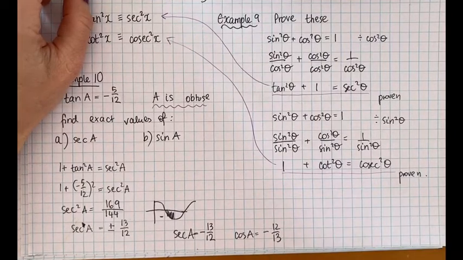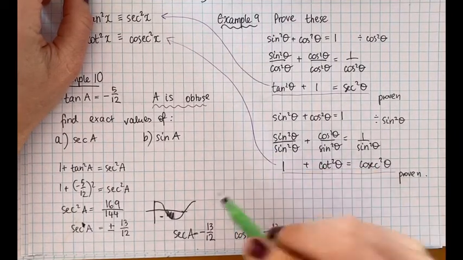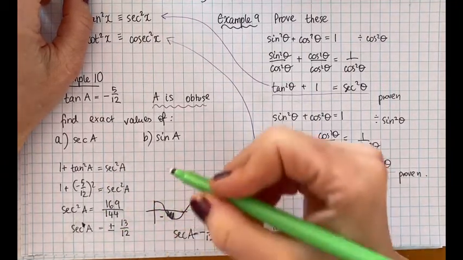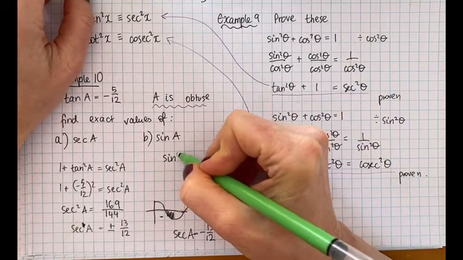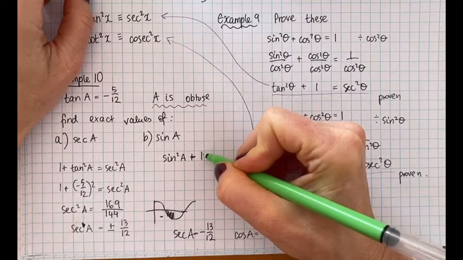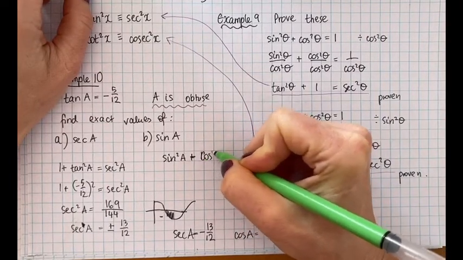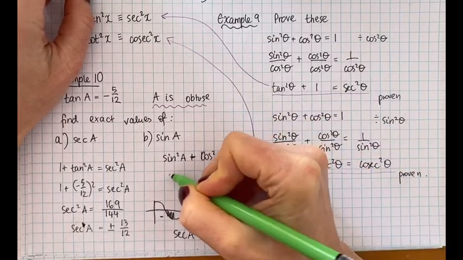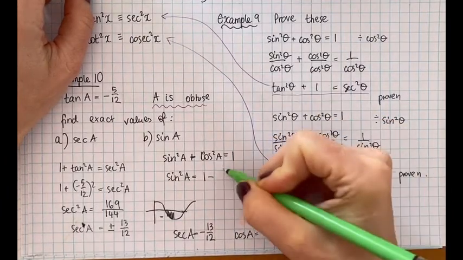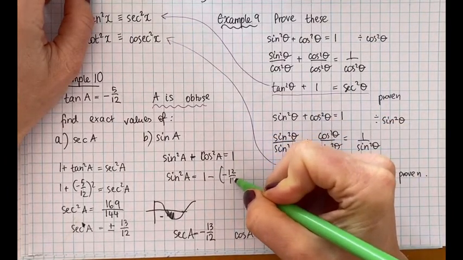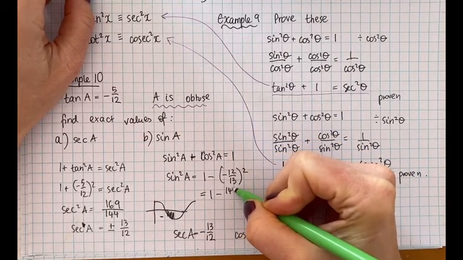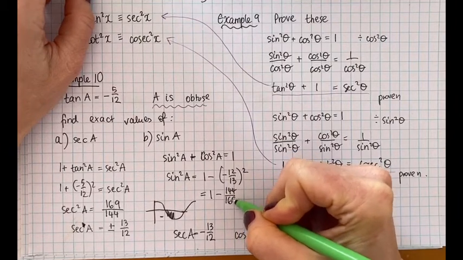And you've got two ways of finding sine A. One way of doing it is, again, to use the identity sine squared A plus cos squared A is equal to 1. So sine squared A is going to be 1 minus cos squared A, which is minus 12 over 13 squared. That gives me 1 minus 144 over 169.